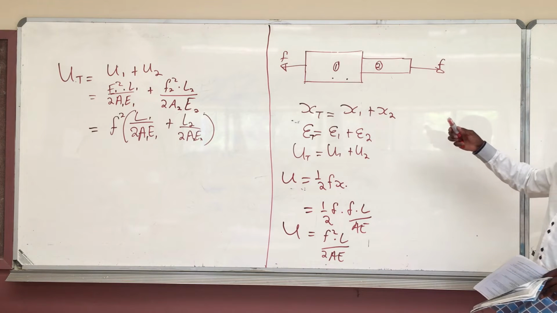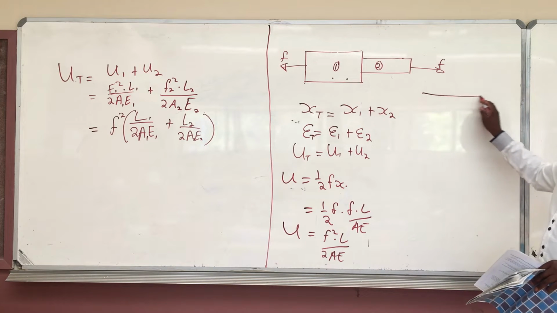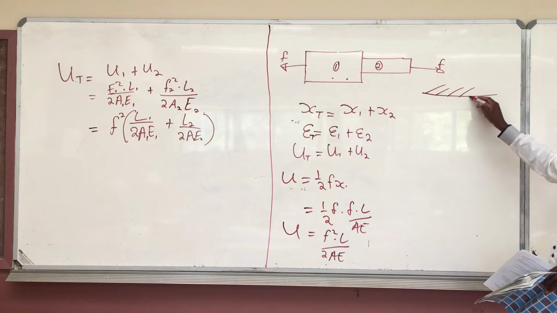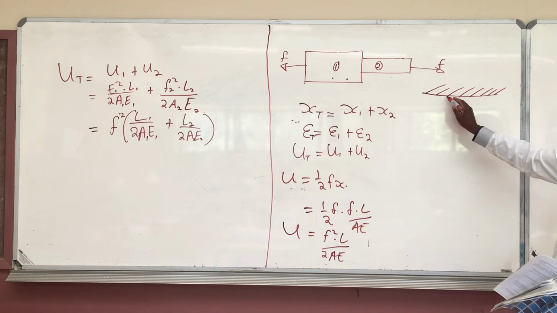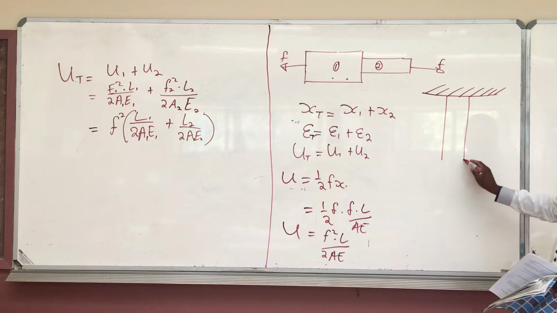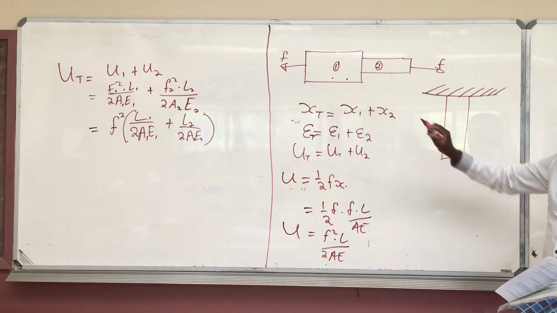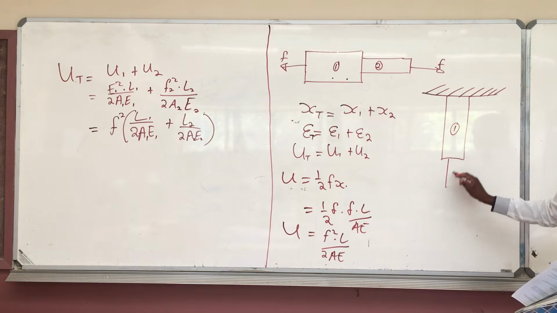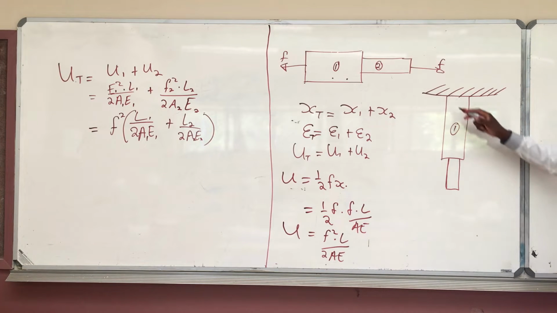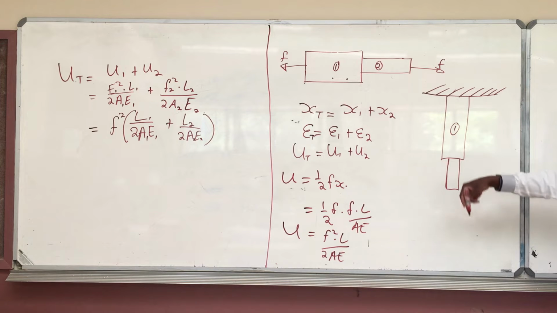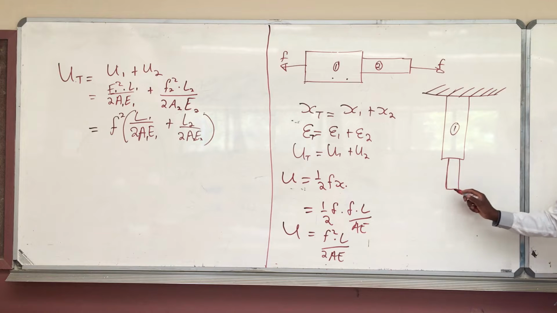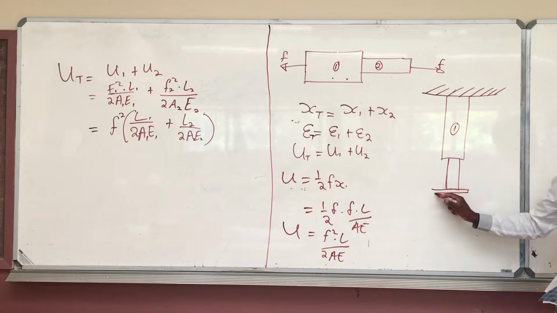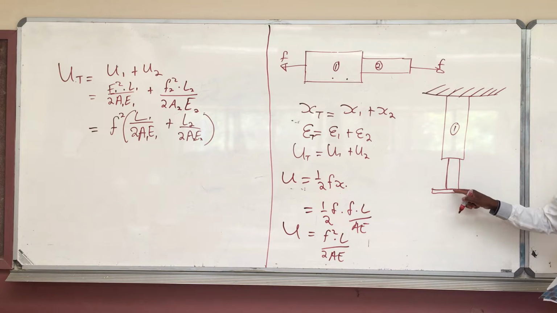It will also depend on how you apply the F. Let's take you're having a rod here, the same rod, area 1 and area 2. This one is a wall, the rod is hanging there. Here we have another bar, but this bar you ignore.